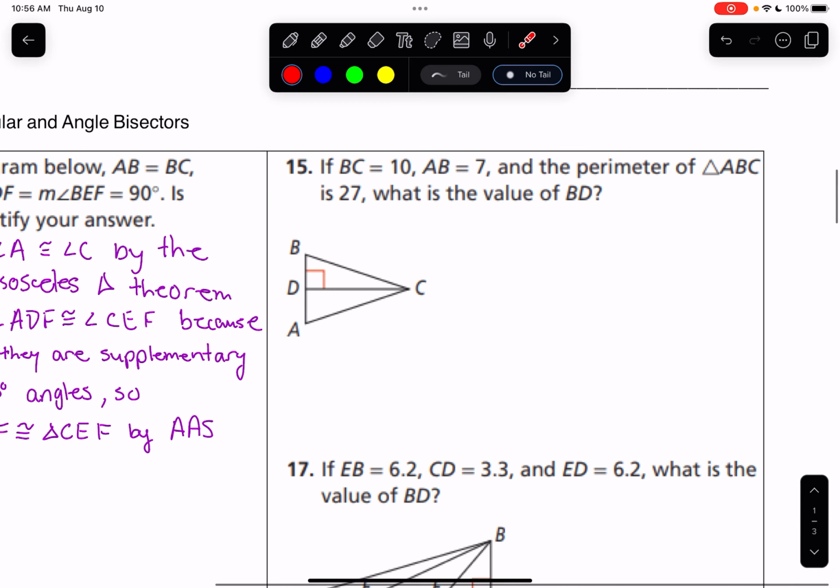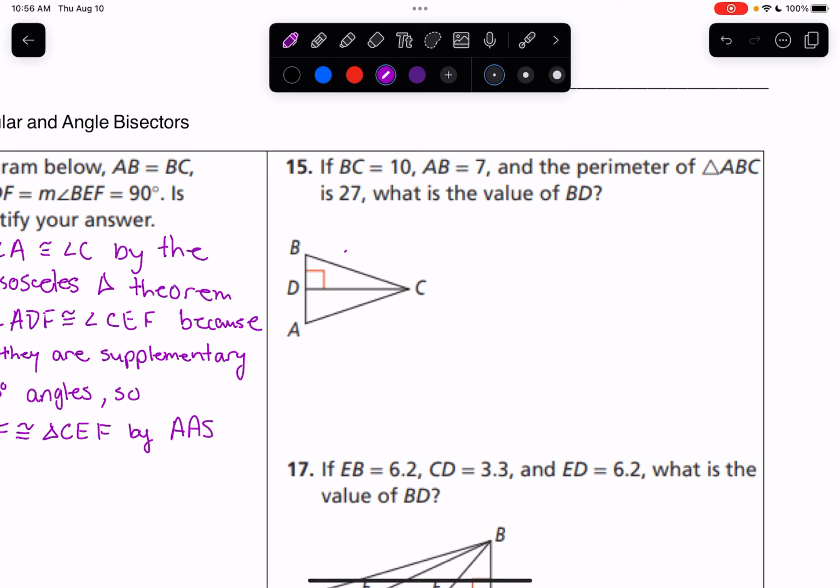Number 15, if BC equals 10, AB equals 7, and the perimeter of triangle ABC is 27, what is the value of BD? Well, if the perimeter of this triangle is 27, we have 17 here. That means AC must be 10.